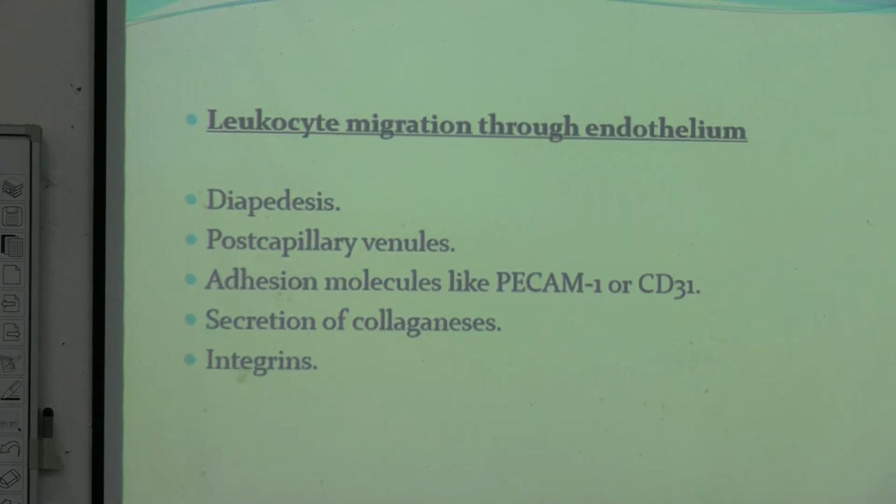Who will help the leukocyte emigrate? In the interendothelial spaces we have molecules like PECAM or CD31, junctional molecules. With their help, they come out of the circulation.